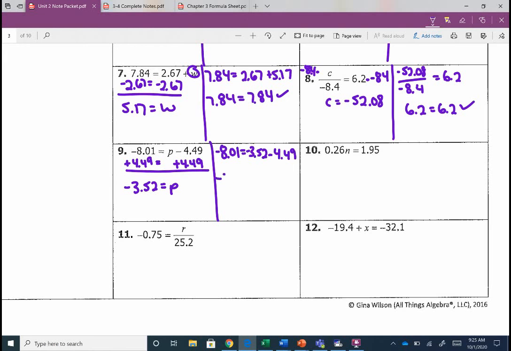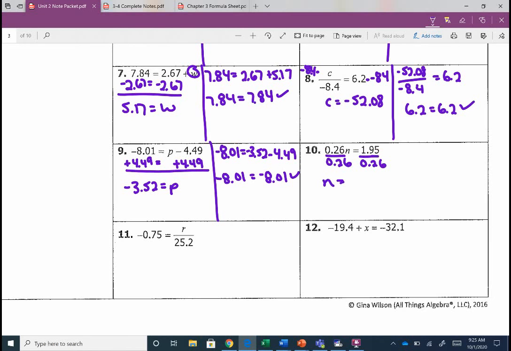In number 10, I know it's taking some of us some getting used to, but when we have the number right next to the variable, that means we're multiplying. So to undo multiplying, we use division. That's our inverse. So we have 1.95 divided by 0.26. We end up with 7.5.